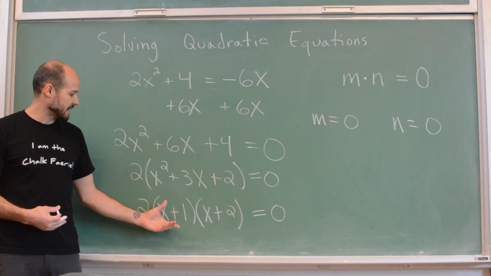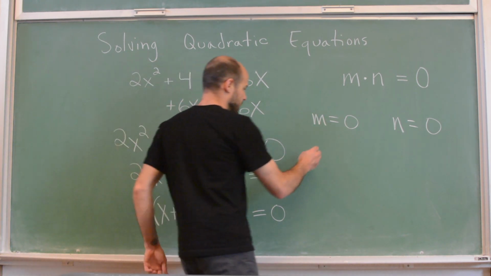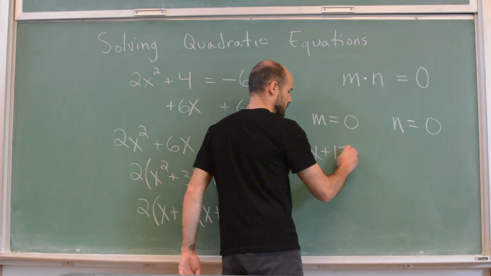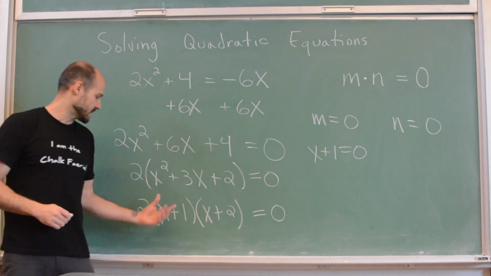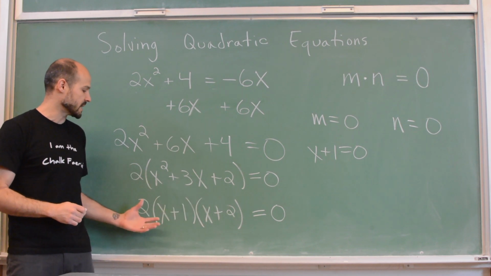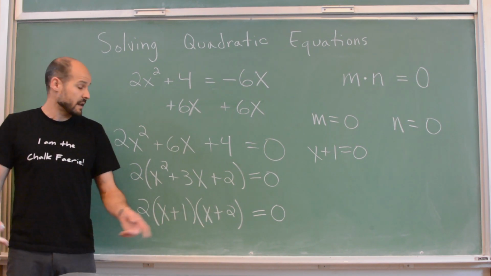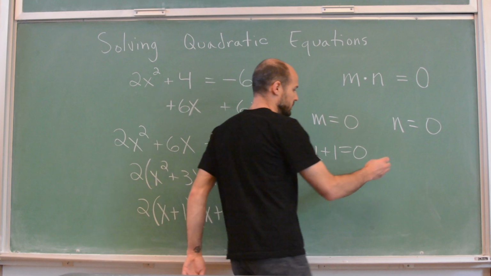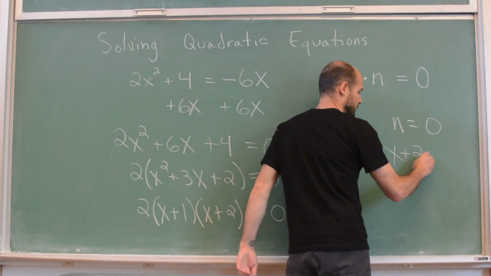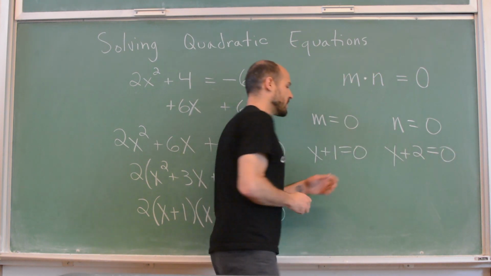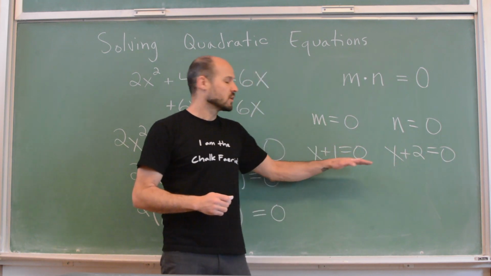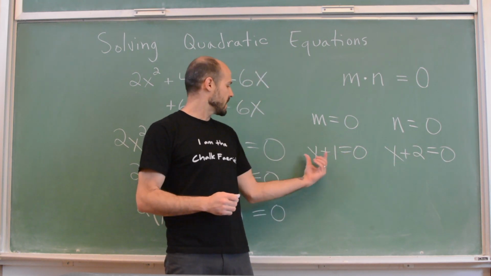That tells us that either x plus 1 is 0. It has to be in order for this product to be 0. Or, if it's not, x plus 2 is 0. And from these new equations, we can solve for x.